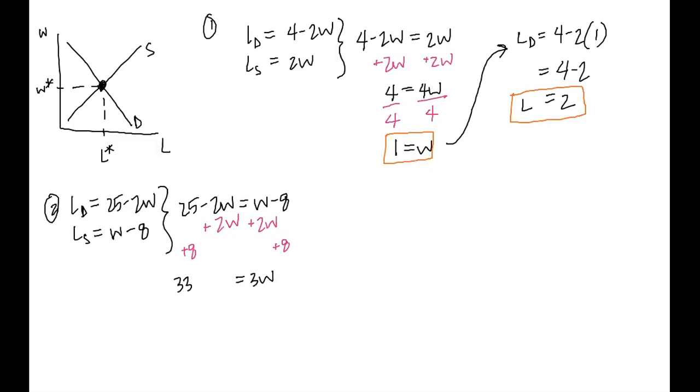And then dividing each side by 3, we get a wage equal to 11. We can plug that back into either one. So labor supply seems to be a little bit easier to solve for, so that'd be 11 minus 8, which has a labor supply, an equilibrium labor level of 3.